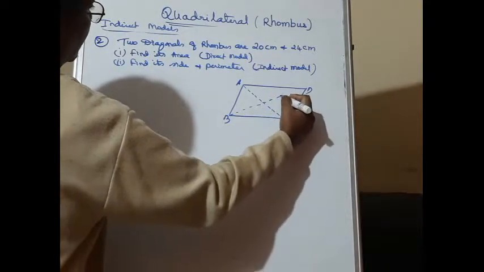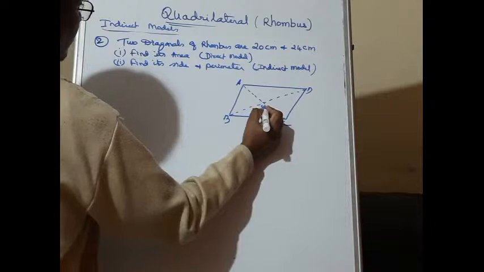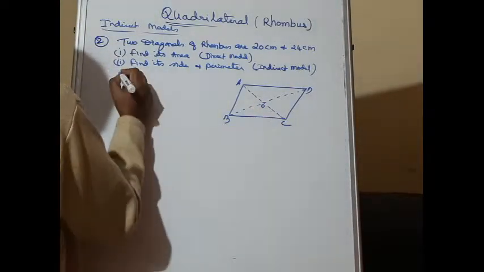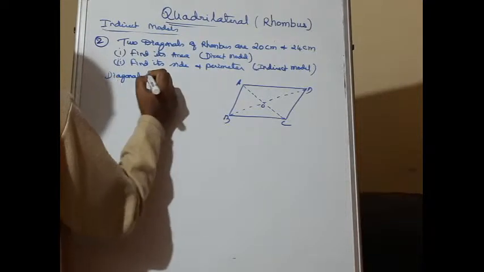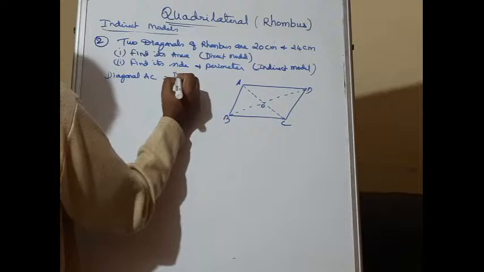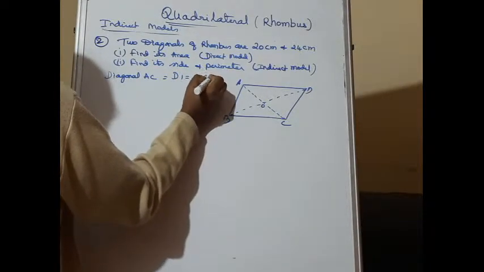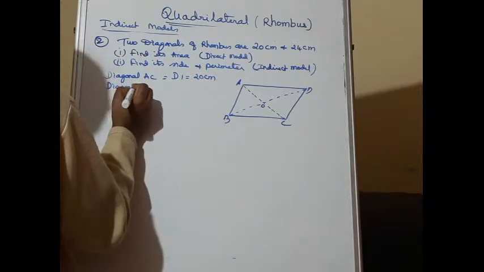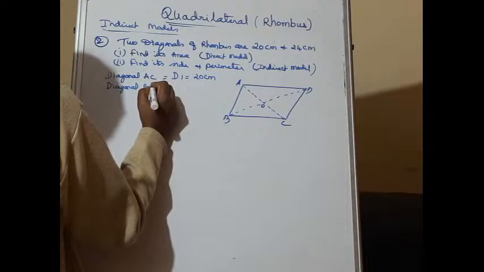Put O. Diagonal AC is diagonal 1, D1, equal to 20 centimeters. Diagonal BD is D2, equal to 24 centimeters.